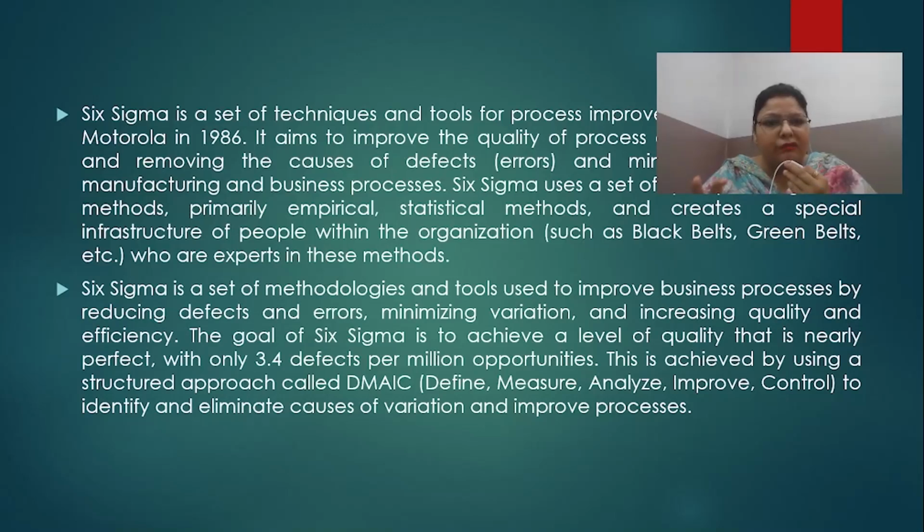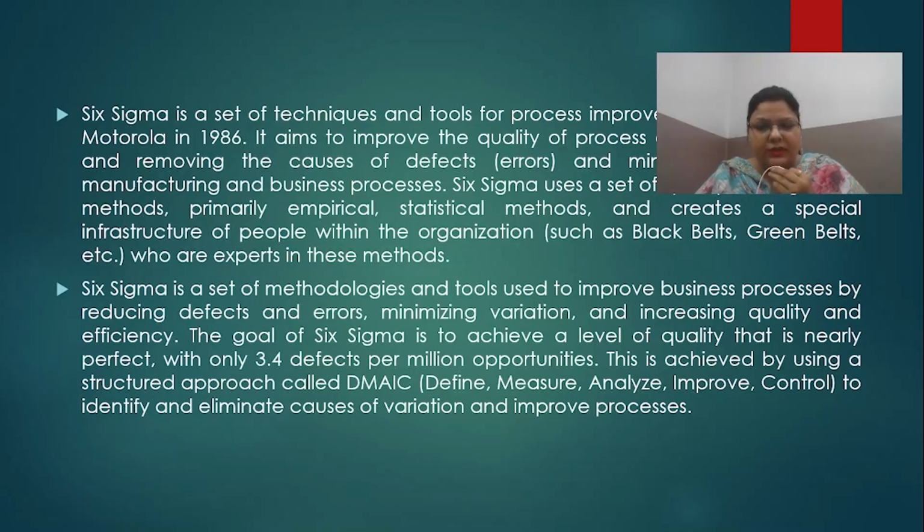Here the aim of Six Sigma is how to remove the defects or errors in manufacturing processes, so that we can get a defect-free product with the help of Six Sigma, and minimizing variability in manufacturing and business processes.